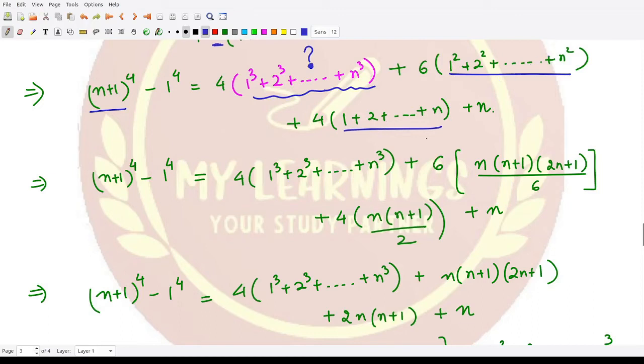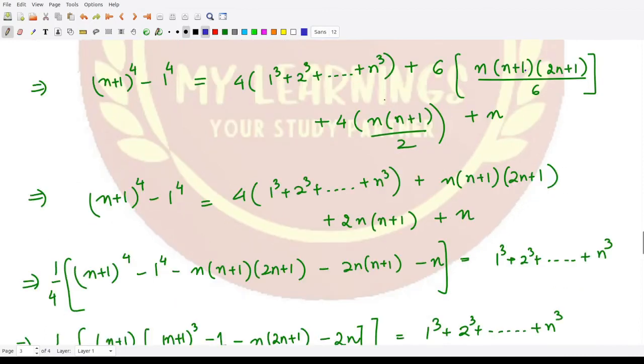The formula for the sum of all the squares is n into n plus 1 into 2n plus 1 divided by 6, and for the sum of first n natural numbers, it is n into n plus 1 divided by 2. So just substituting the values over here, we have this expression. So this 6 and this 6 get cancelled, this 2 and 4 get cancelled, right? So we are left with these terms.